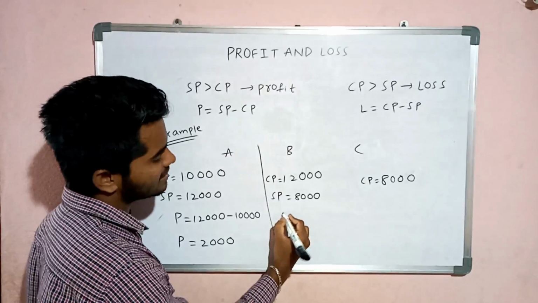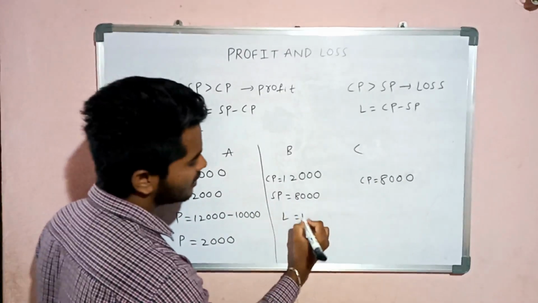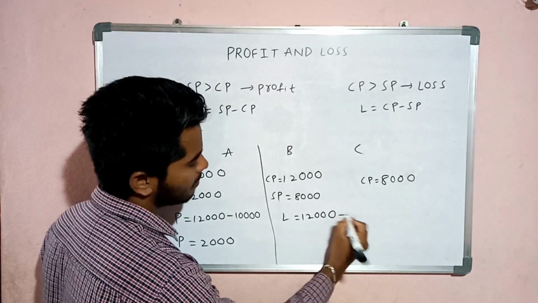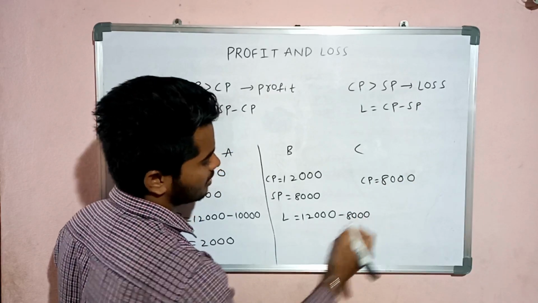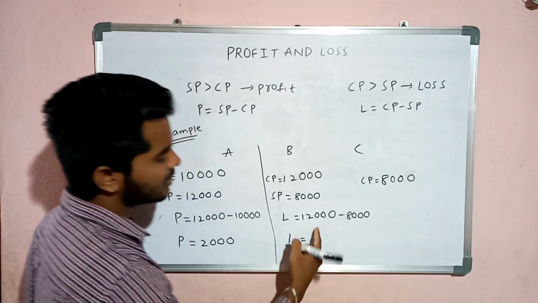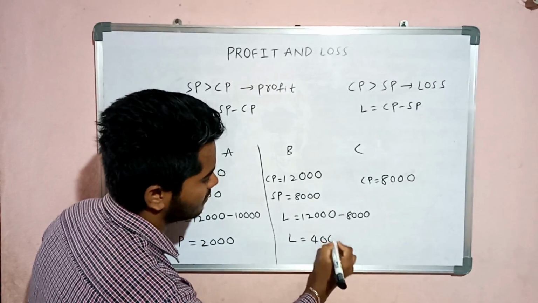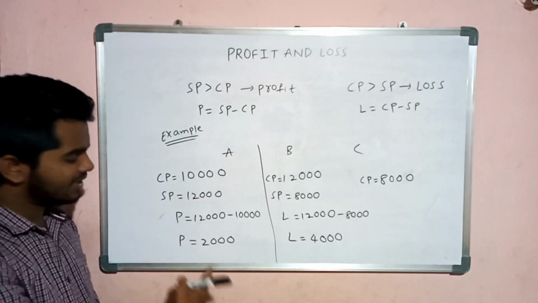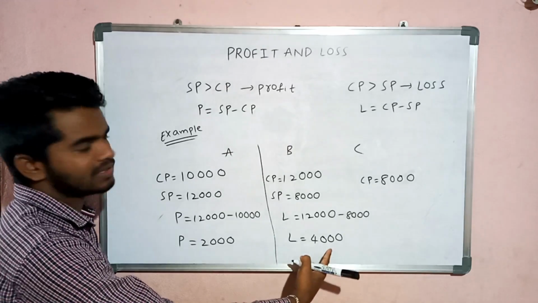B's loss is cost price, 12,000, minus selling price, 8,000. So loss equals 12,000 minus 8,000, 4,000. A's profit is 2,000 and B's loss is 4,000.